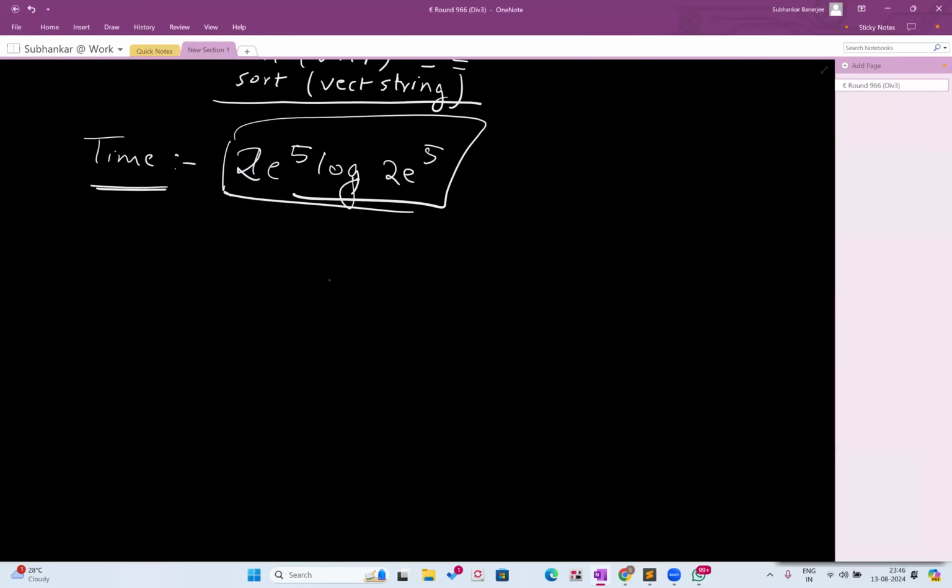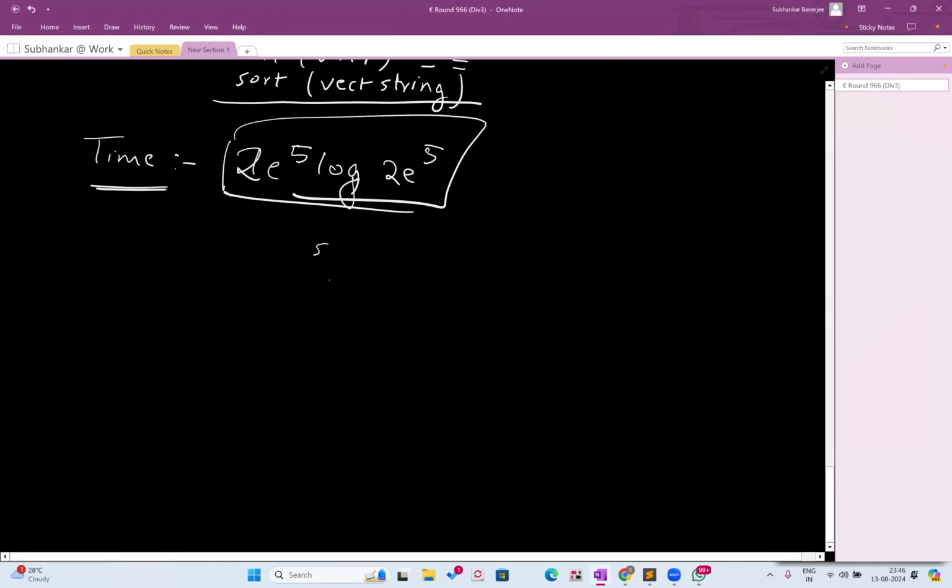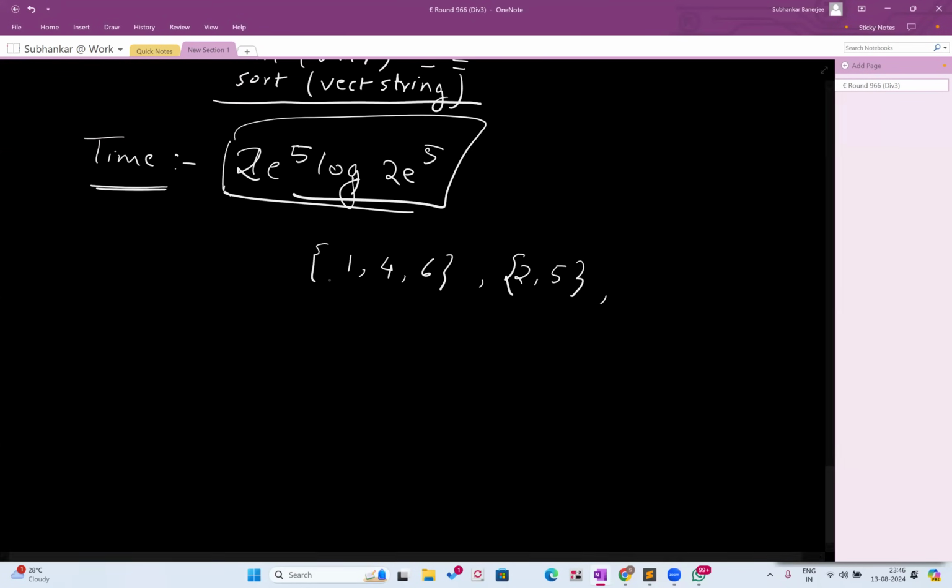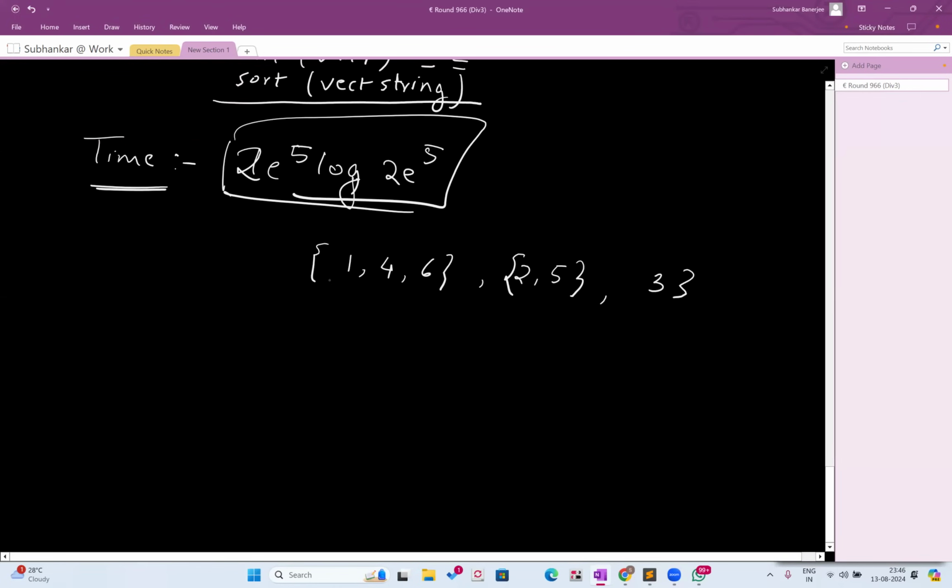Suppose the initial vector we get is something like this. The vector of vector I'm talking about. Sorry, this cannot be 1, 2, and this should be 3. This is the initial vector of vector. And for the string, I get the vector of vector like this.